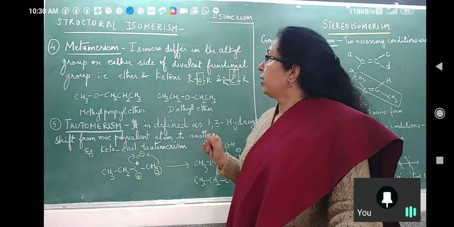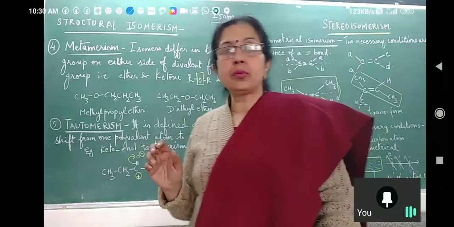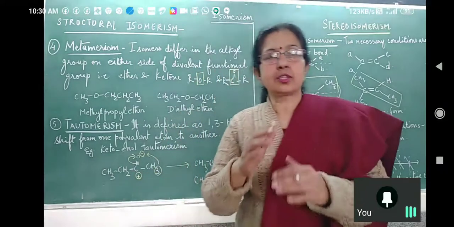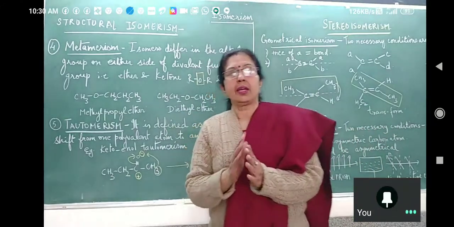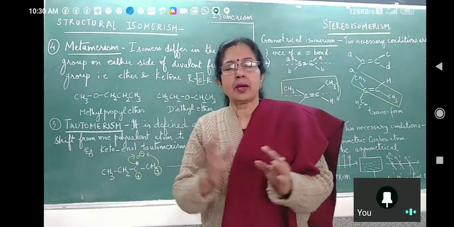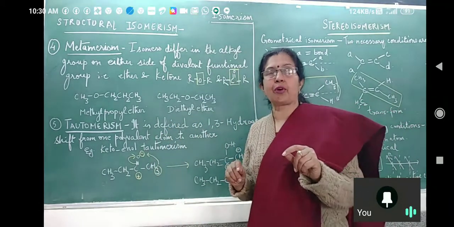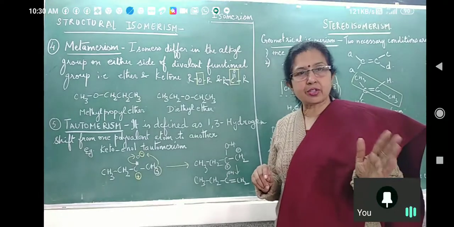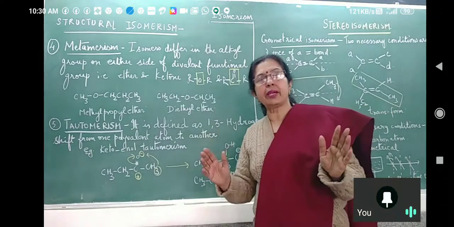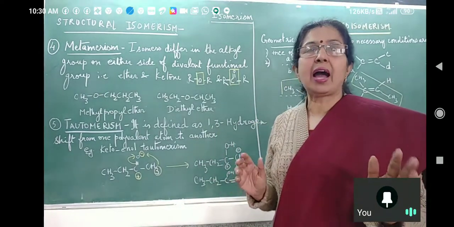And yesterday we had done isomerism, and just to revise, isomerism is the phenomenon in which organic molecules have the same molecular formula but different structural formula or different three-dimensional arrangement of atoms in space.